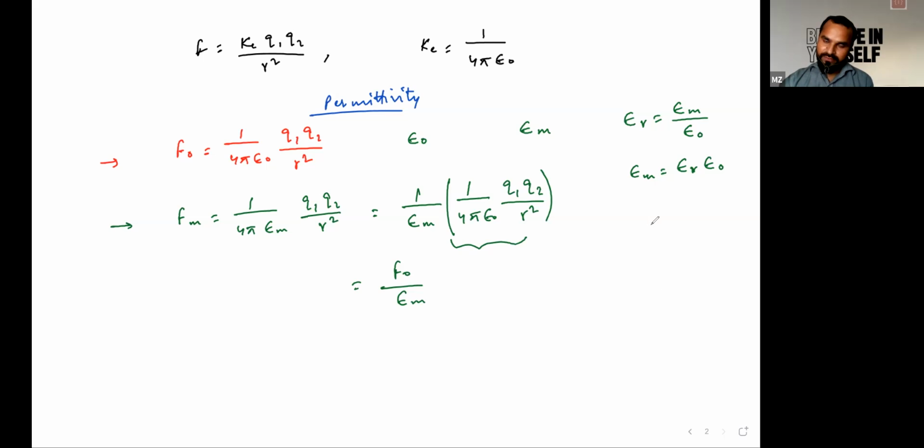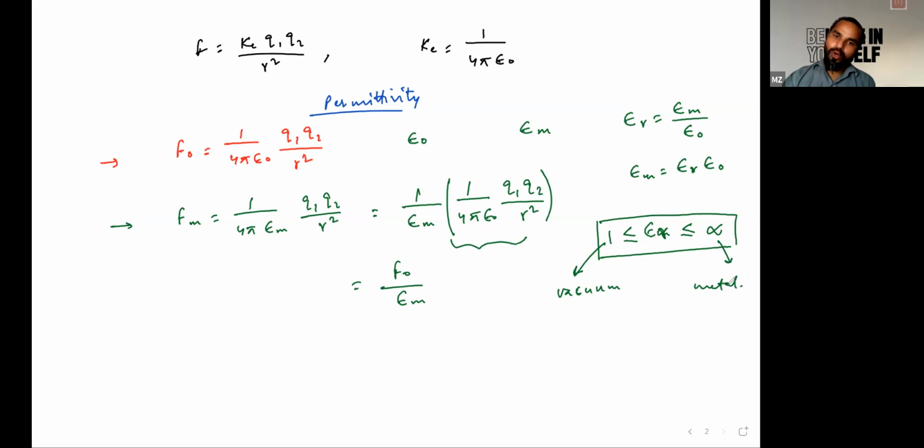Now, you must know the value of this particular epsilon r. Its value will lie from greater than or equal to 1 up to infinity, depending upon the medium. Epsilon r is equal to 1 for vacuum, and epsilon r is equal to infinity for any metal. The rest of all would lie in between them.